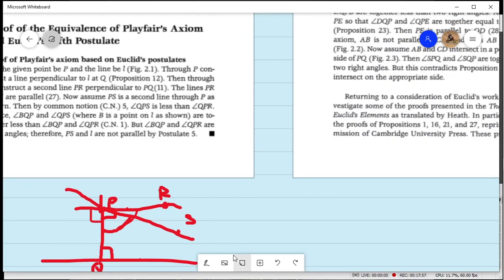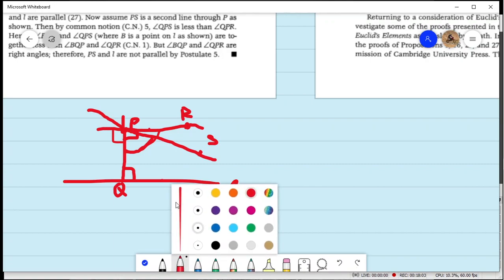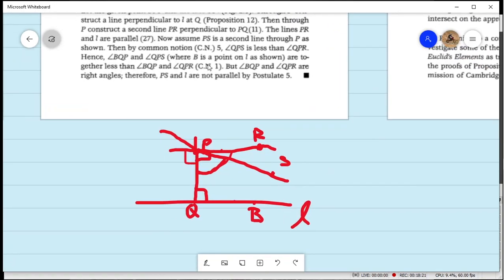Okay, so B is a point on line L. So if there is another point B here, hence, angle BQP, this right angle, and angle QPS would now be less than two right angles.